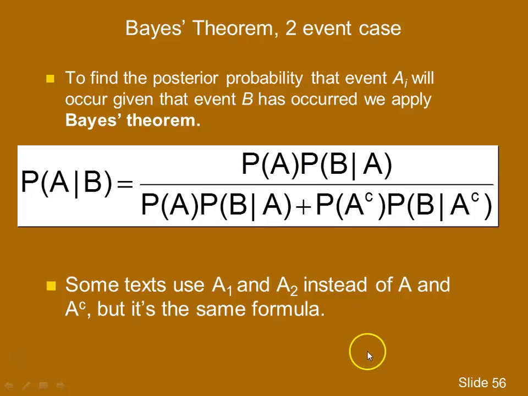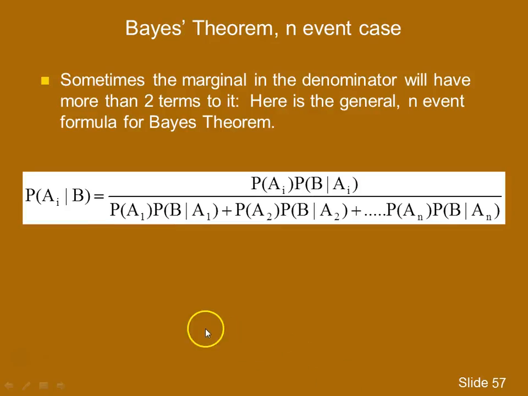If you know a problem is Bayesian, you can just jump right to this formula. If you don't know it's Bayesian, you can develop the formula along the way, as we did a minute ago. The term in the denominator, the marginal probability, remember, can sometimes have more than two terms to it. This is what I call the n-event case. The denominator could be a sum of more than two intersections.